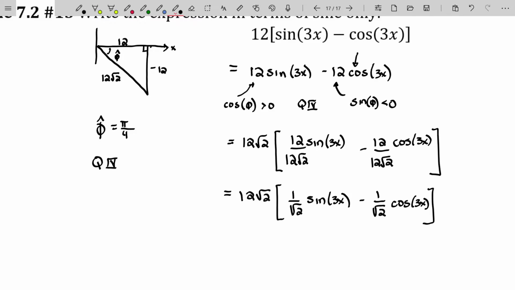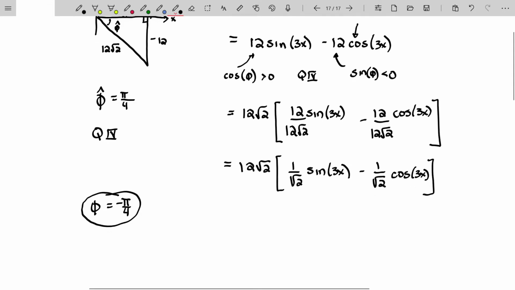You could write this in two ways. You could write it with a positive angle or a negative angle. I don't really care. If you write it with a positive angle, then your angle would be 7 pi over 4. If you write it with a negative angle, then your angle would be a negative pi over 4. It's the same solution, so it doesn't really matter to me what you do. I think I'm going to go with the negative solution just because I want to. Not because it's the right one, but just because I want to.